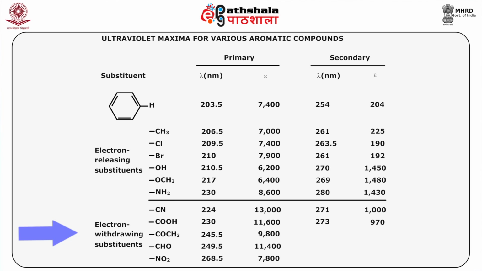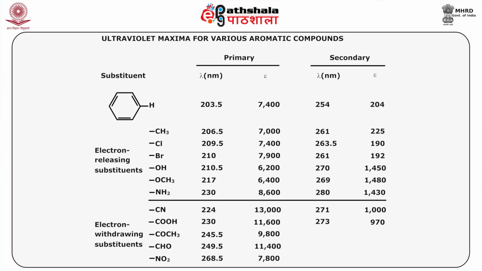have no effect on the position of secondary absorption unless the electron withdrawing group is also capable of acting as a chromophore. However, electron donating groups such as methyl, chloro, bromo, hydroxy, methoxy and the amino group, that is the primary amine, etc. increase both the wavelength and intensity of the secondary absorption band.